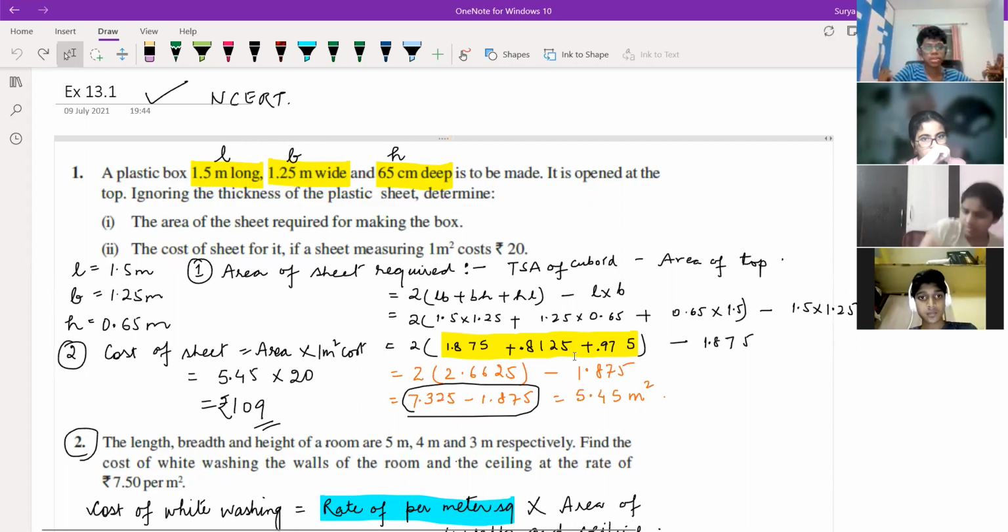A plastic box, length, breadth, and height are given to you. It is opened at the top. Ignoring the thickness of the plastic sheet, determine the area of sheet required for making the box, and the cost of the sheet if a sheet measuring 1 meter square costs rupees 20.